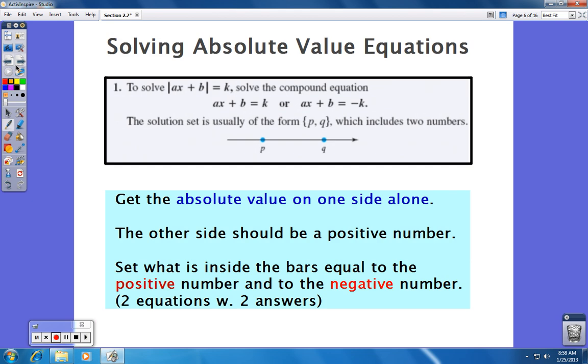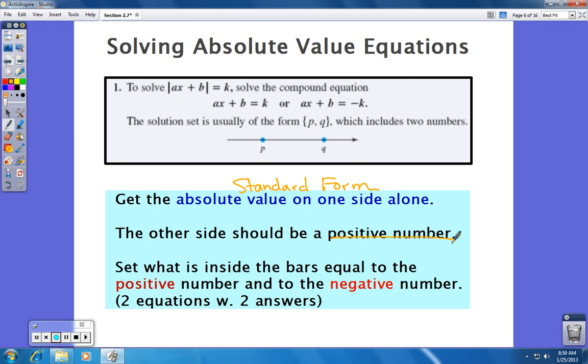Okay, so what we're going to do is look at this particular slide just for absolute value equations. There are 3 steps here that we want to make sure that we follow. The first step is to make sure that the absolute value is on one side alone. This is also referred to as standard form. After we determine standard form, if needed, then we're going to check to make sure we have a positive number.